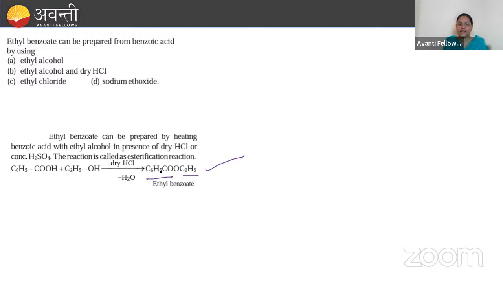This is C6H5COOC2H5. Ethyl benzoate can be prepared from benzoic acid, this is our benzoic acid, by using alcohol. Which alcohol? Ethyl alcohol in the presence of dry HCl. So this reaction is known as an esterification reaction, and the correct option here is option B. Any doubt in this?